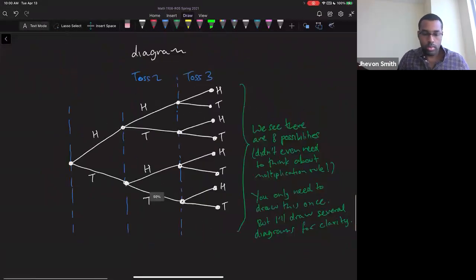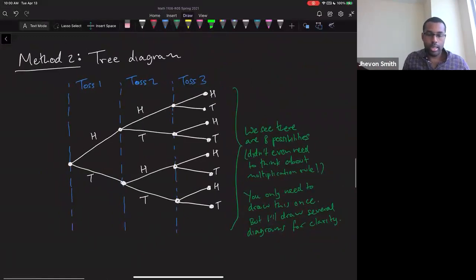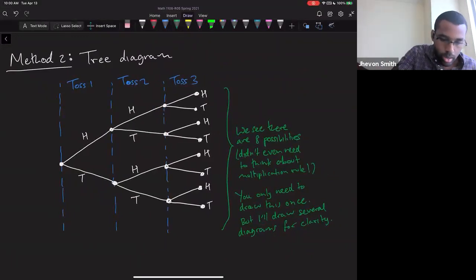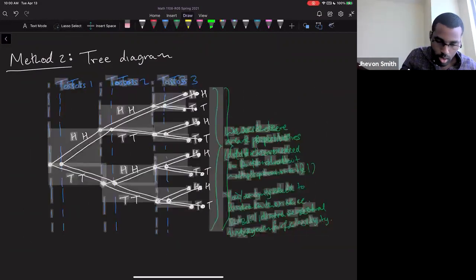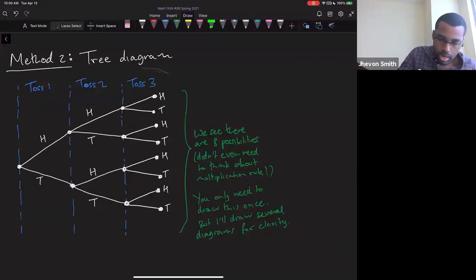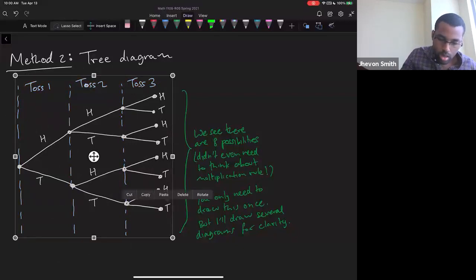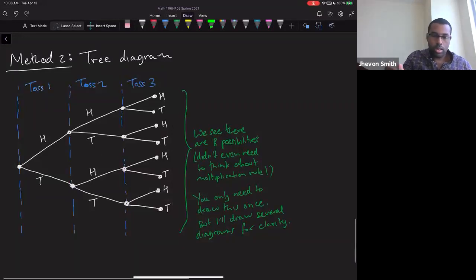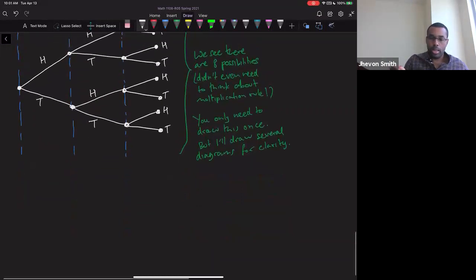So that is the tree diagram. Now we have the tree diagram, and you can essentially answer all the questions from this.